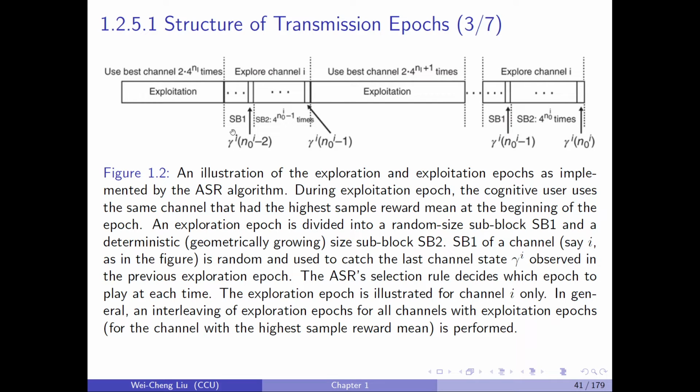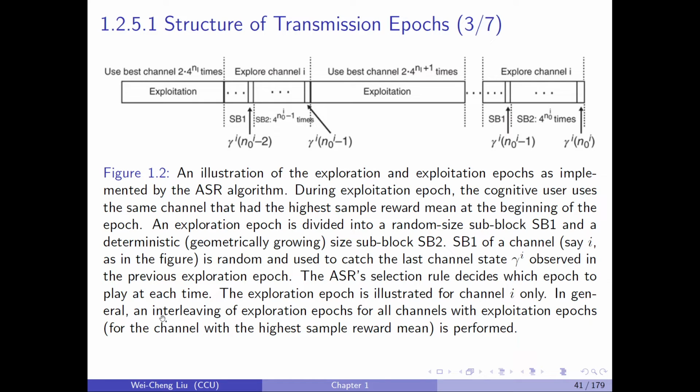Here is gamma I, here is also gamma I. The ASR's selection rule decides which epoch to play at each time. The exploration epoch is illustrated for channel I only.